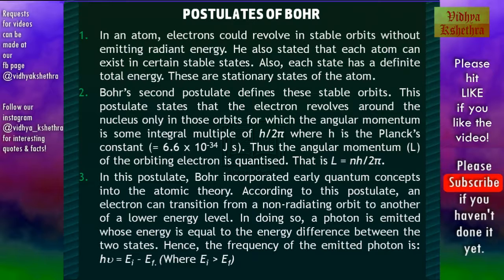Hence, the frequency of the emitted photon is given by h nu, where nu is the frequency and h is the Planck's constant, is equal to Ei minus Ef, where Ei is the initial energy level and Ef is the final energy level, and Ei is greater than Ef.